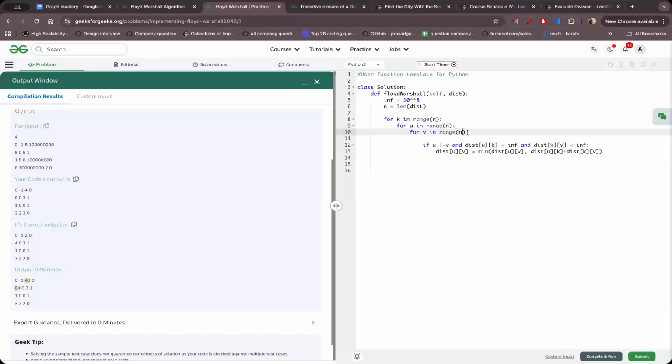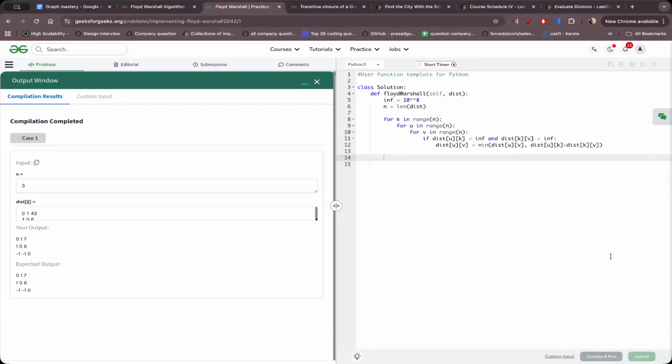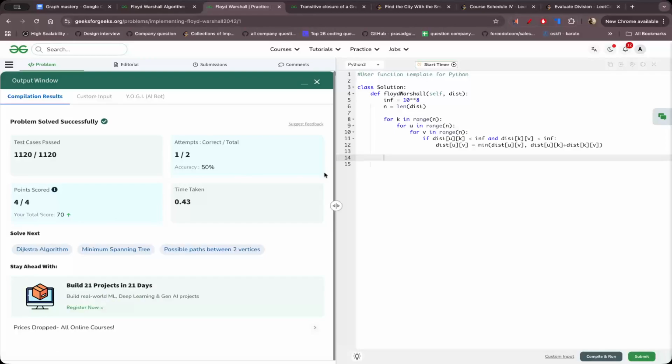So I'm iterating for every k, so that should be the first loop rather than u. That is the first mistake. And like I said, if u and v are equal, then it will be 0, so I can ignore that just for clean code. So let me compile and run it again. And this part was anyway correct. Let's check. Yeah, all are passing.